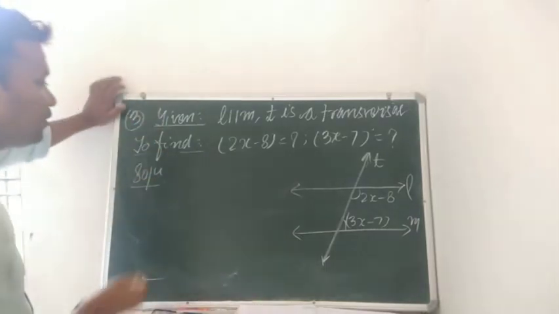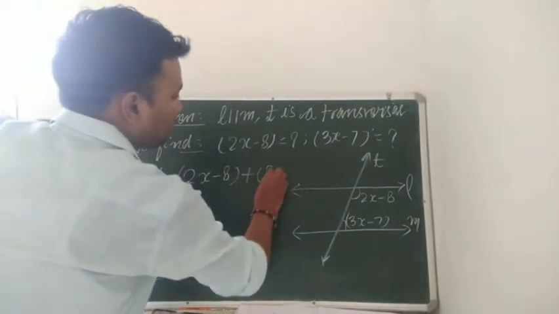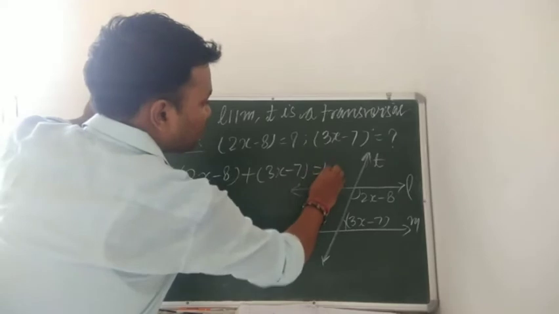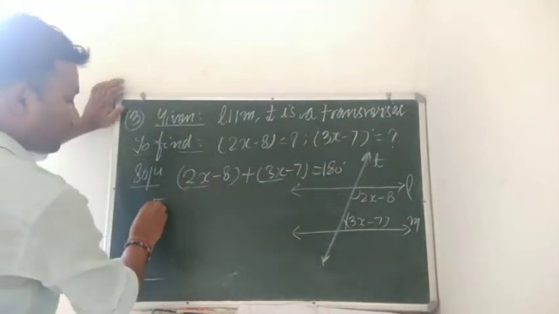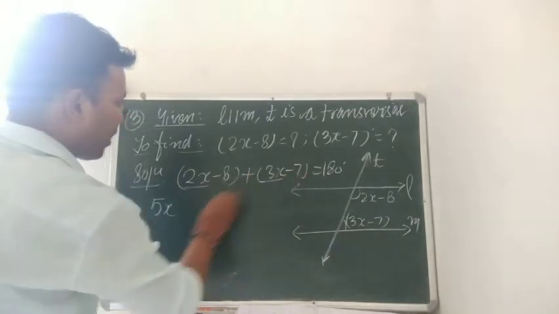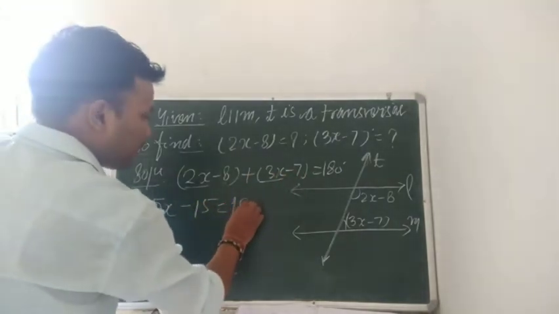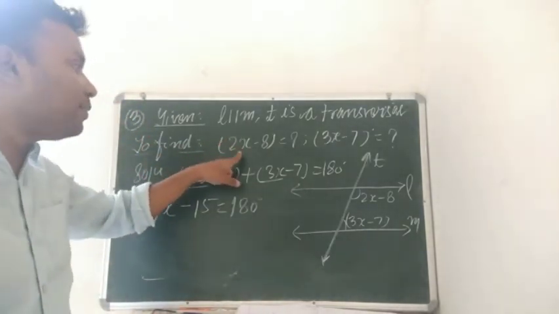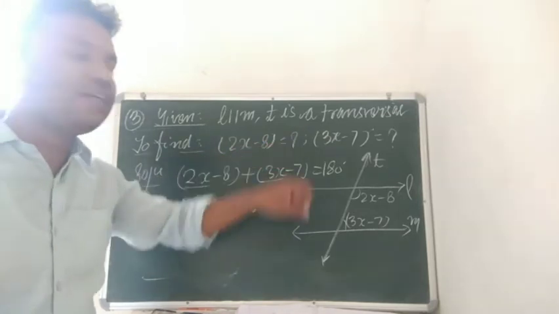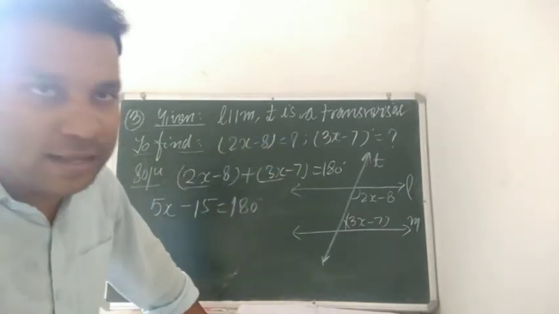So we can write here 2x minus 8 plus 3x minus 7 is equal to 180 degree. Now 2x plus 3x will become 5x, minus 8 and minus 7 will become minus 15, is equal to 180 degree. In order to get the measures of 2x minus 8 and 3x minus 7, we have to first find the value of variable x.